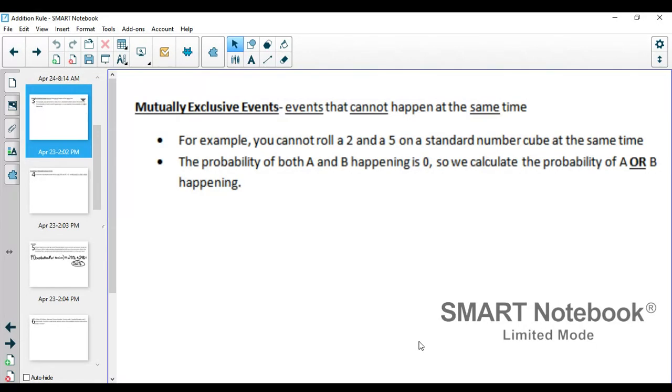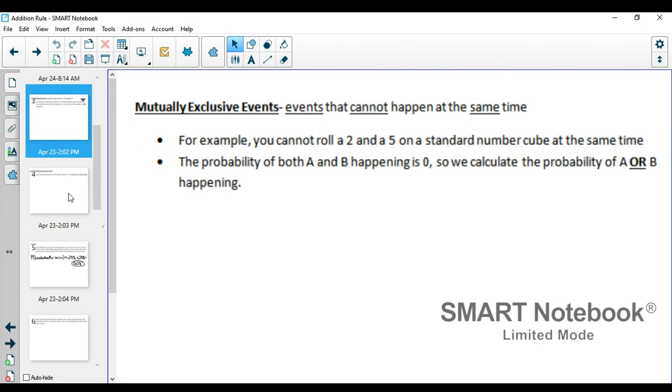So that means the probability of both A and B happening is 0. So we calculate the probability of A or B happening. Okay. So the multiplication rule is when you want both of them to happen and it's and. The addition rule is when it's impossible for both to happen, so it's or.